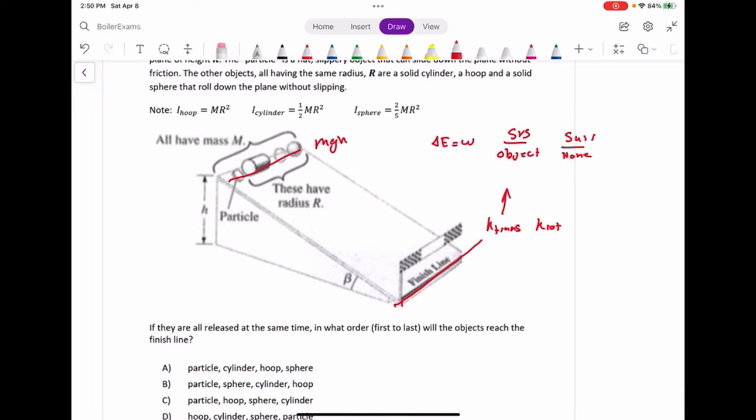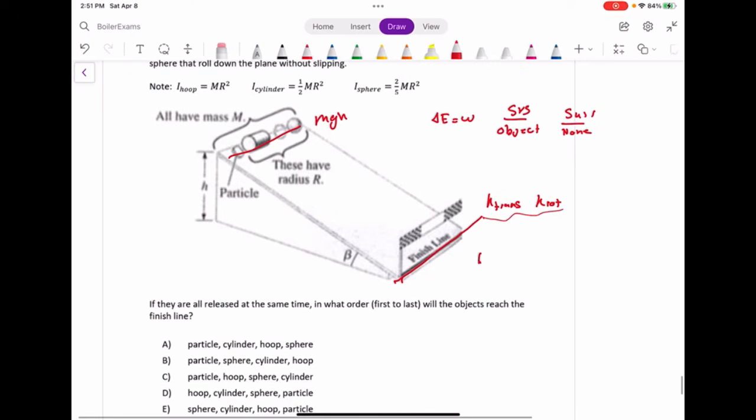But let me back up a little bit. So they all have to have the same final energy. And their final energy is going to be comprised of these two in some combination. And we know that these two look something like this: half mv squared plus half I omega squared.